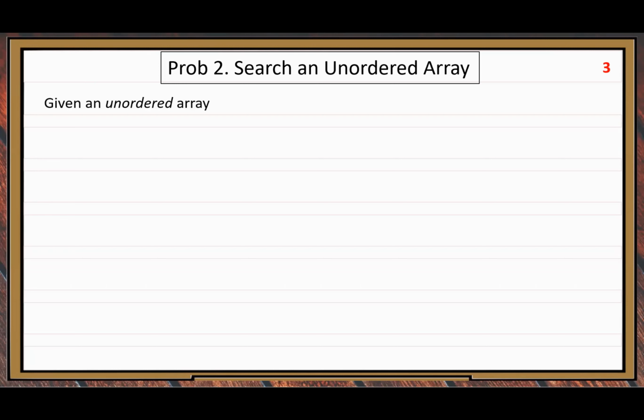Given an unordered array, with a pair of brackets, indexes from 0 through n-1, n elements, and a search key k. K is also given.